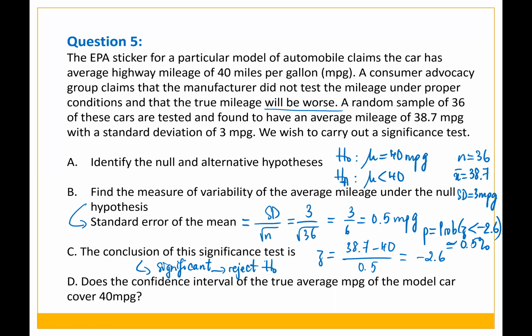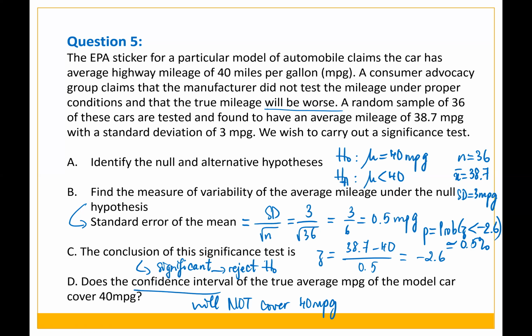Now let's see part D. Does the confidence interval of the true average MPG of the model car cover 40 MPG? Now in this case, because we already made a conclusion that the actual average of the population is smaller than 40, therefore the confidence interval will not cover 40 mpg, because the confidence interval is the most likely interval that our average is going to fall into.